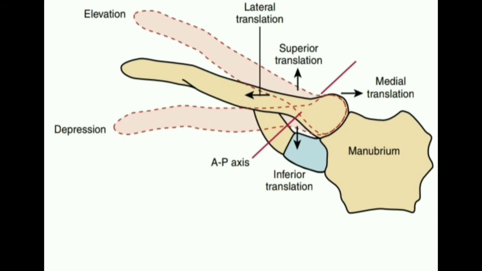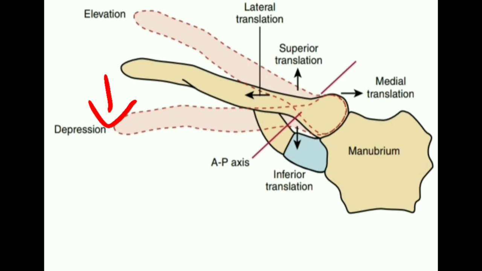So when it happens in depression, it will be just opposite to elevation. Here you can see when the clavicle is depressing, or moving downward, the rolling will be just opposite to the outside motion.